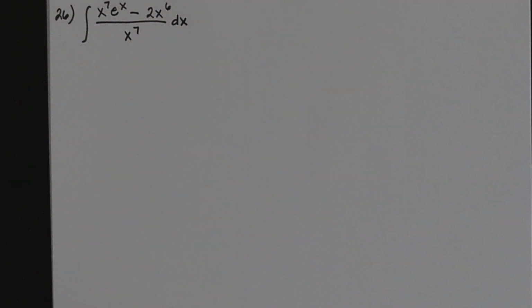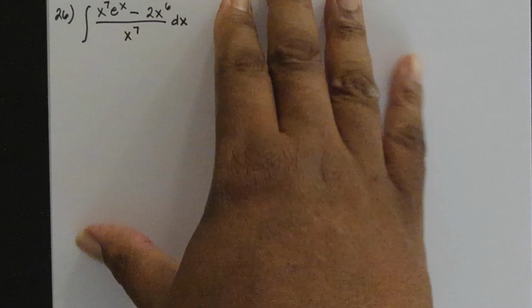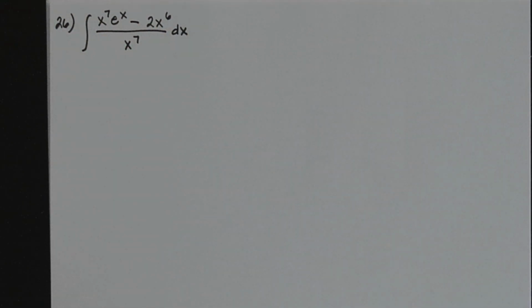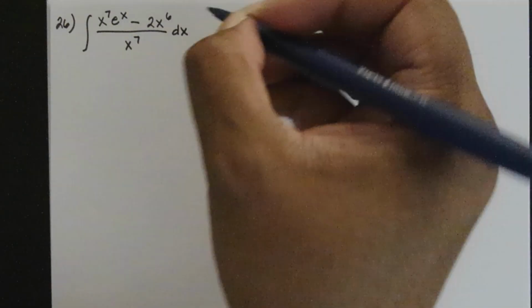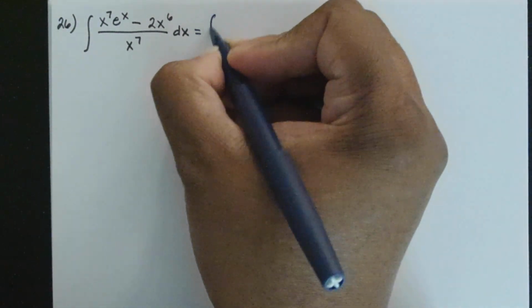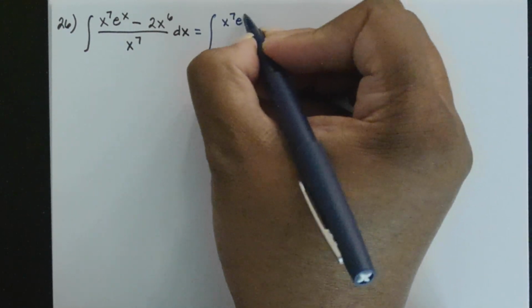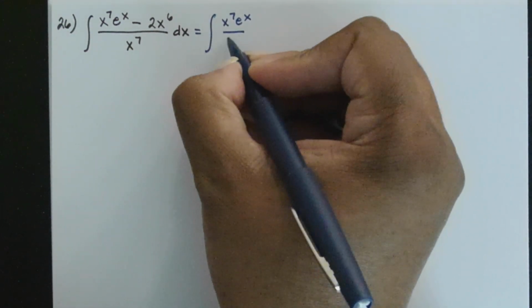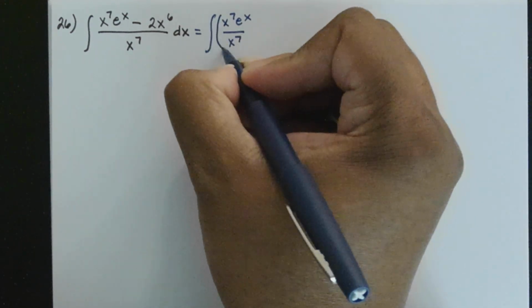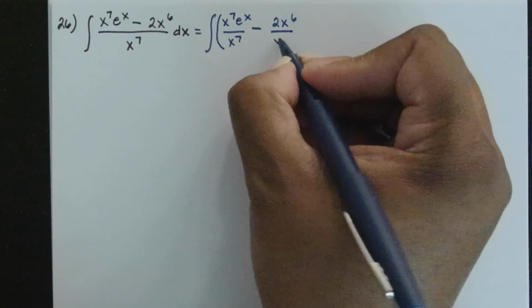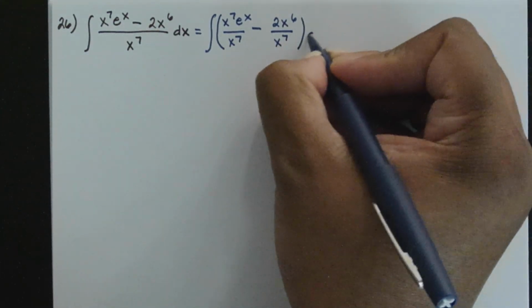Okay. So now, what I'm going to do here is divide each of these terms in the numerator by that monomial x to the 7th. So I'm going to write this as x to the 7th e to the x divided by x to the 7th, minus 2x to the 6th divided by x to the 7th dx.